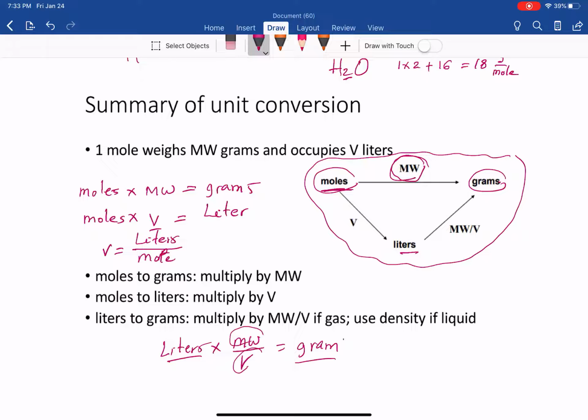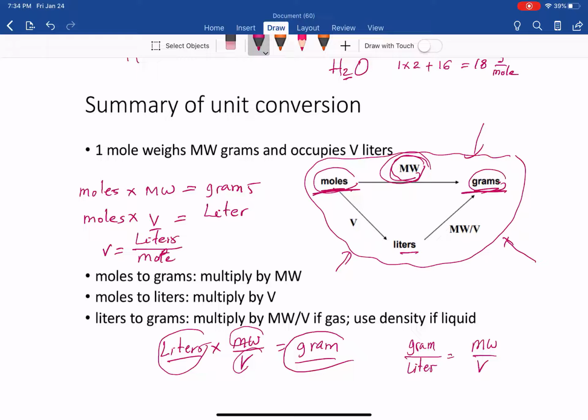If you have grams and if you have liters, what we do is grams over liters to find out molecular weight over volume. If you have the volume, you can find the molecular weight right away. So this representation of unit conversion is needed for you to understand how to convert from moles to grams, multiplied by molecular weight.